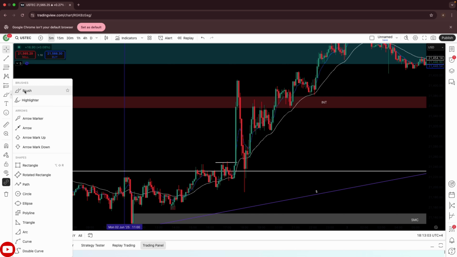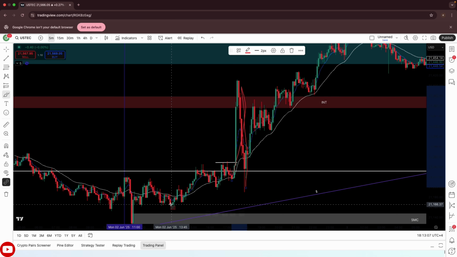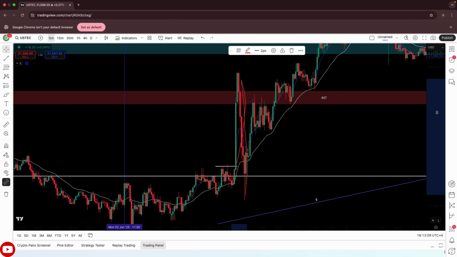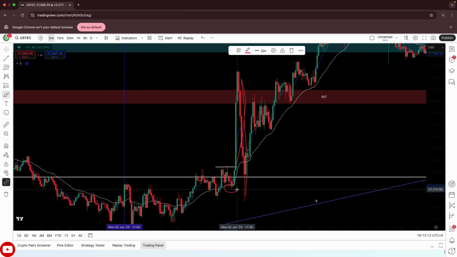Market has boom, then came down, because I think whoever entered here in London session, as you guys know, London and New York session, when New York opens, London session continues. So whoever entered here, they all were in the markets.